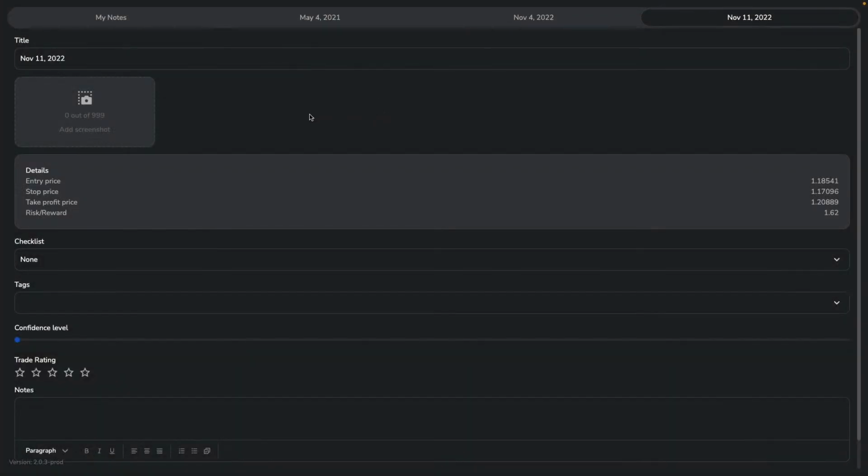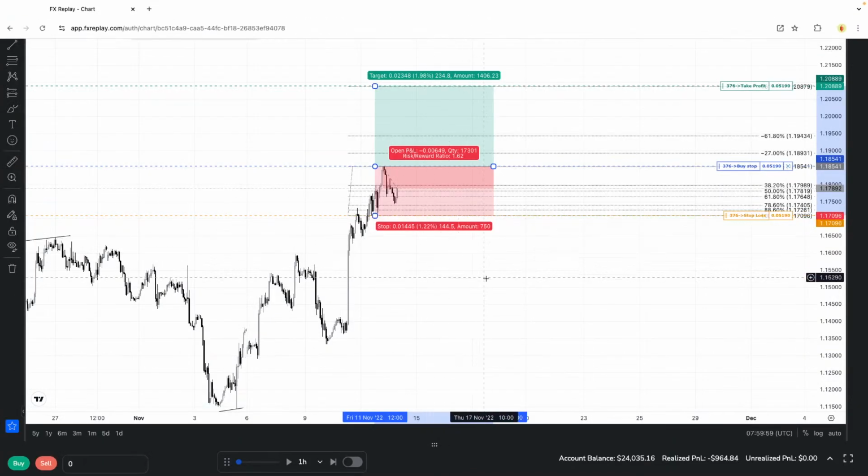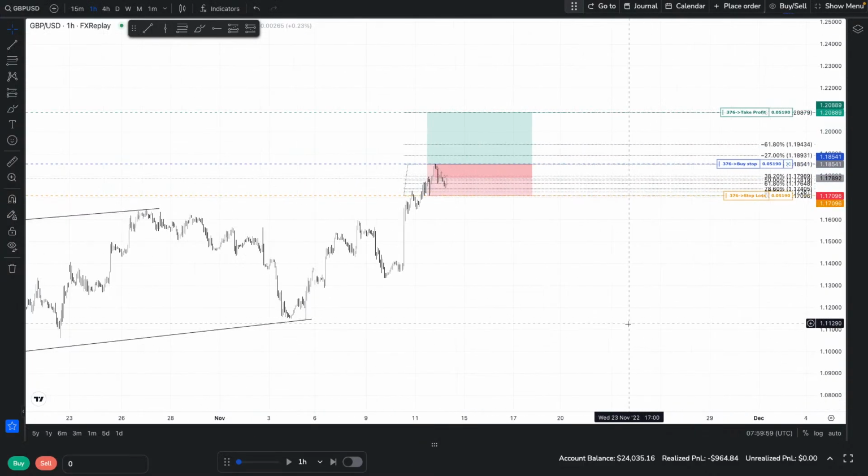So basically I'm looking for price to continue pushing higher.